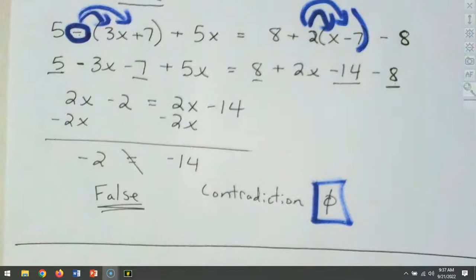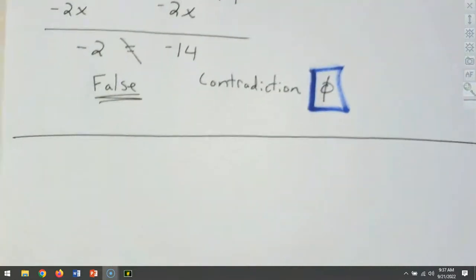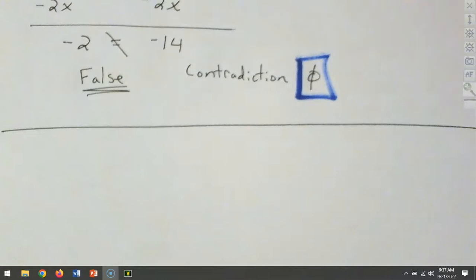Let's try a couple more. Let's go back and do another fraction, because we always struggle with fractions. So let's do some more fractions.